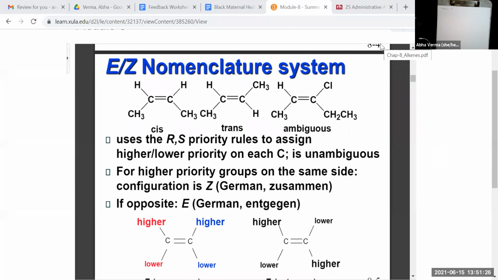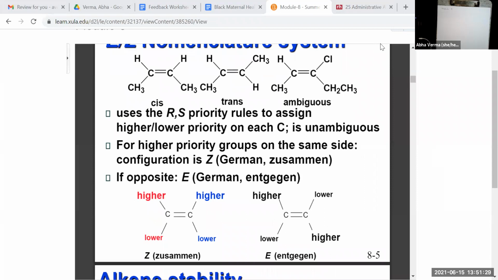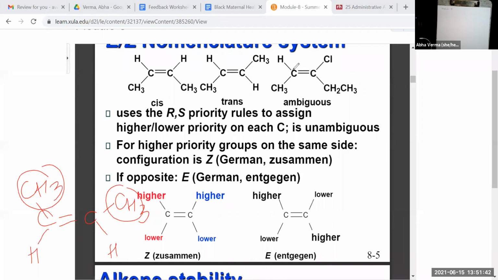Similarly, if we have the E and the Z, the only difference between the cis and trans is that for cis, both priority groups are exactly the same. But in a Z, your priority groups are on the same side, but they may not be the same. If one of them is CH3, the other might be C2H5. So they are just the priority for this carbon and the priority for this carbon on the same side.